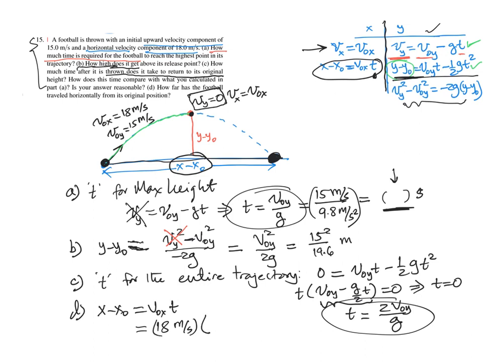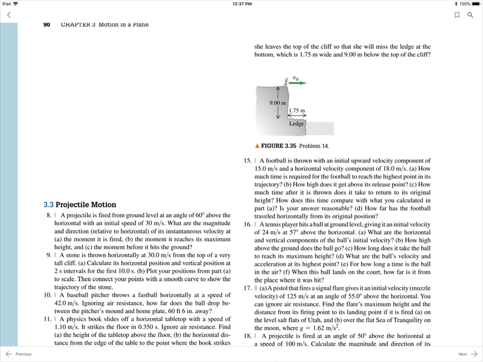I haven't calculated that, so 2 times 15 divided by 9.8, and that's in seconds. That would be the answer. Whatever you get, just put it there, and that will be your answer. Let's go back and look at some of the additional problems.